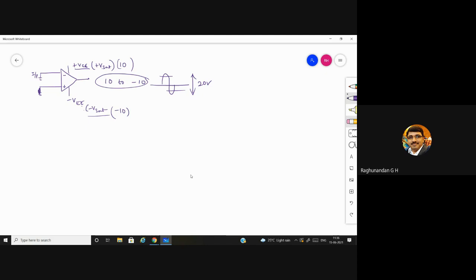But since you are using plus VCC as 10 and minus VEE as minus 10, the output can be a maximum of 10 or minus 10. If it tries to increase beyond this, it will start clipping. This is known as the saturable property of the op-amp.